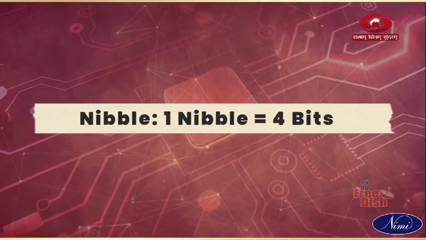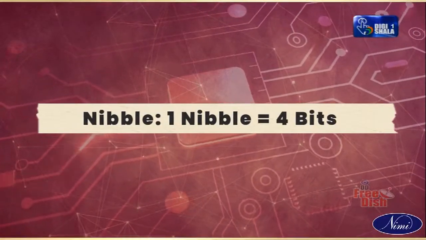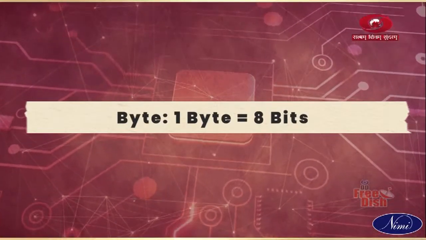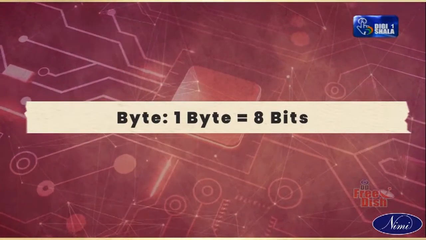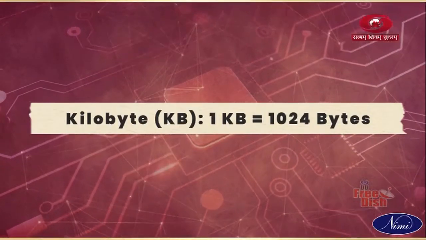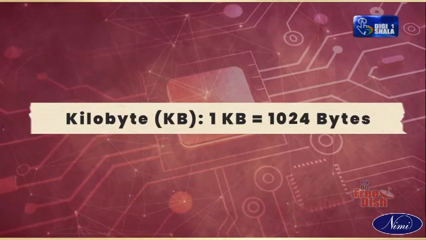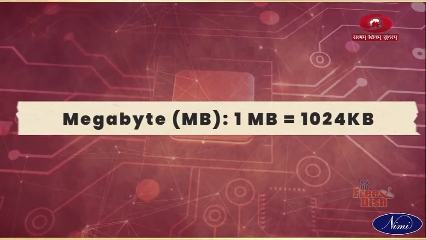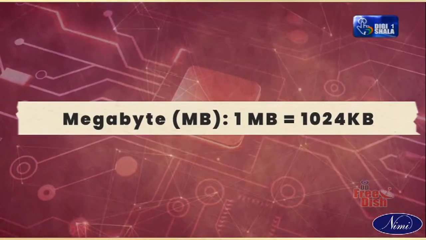Nibble. 1 nibble is equal to 4 bits. Byte. 1 byte is equal to 8 bits. Kilobyte, KB. 1 KB is equal to 1024 bytes. Megabyte, MB. 1 MB is equal to 1024 KB.